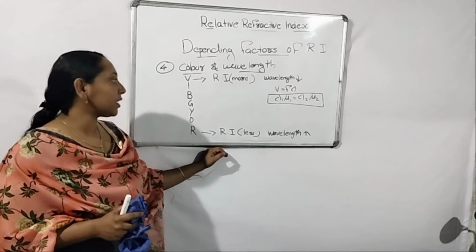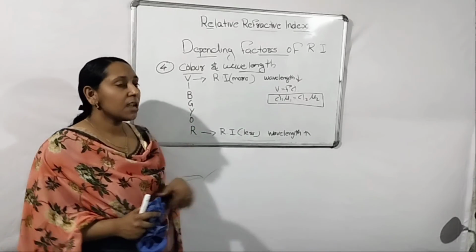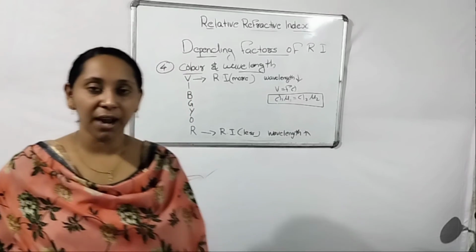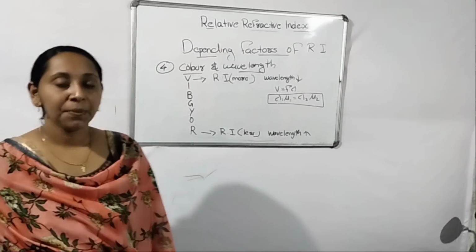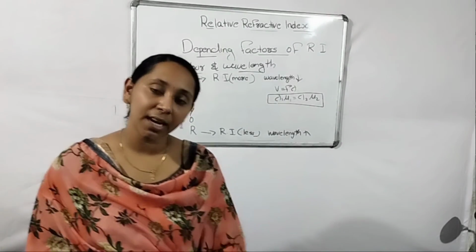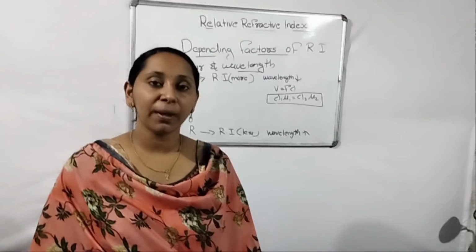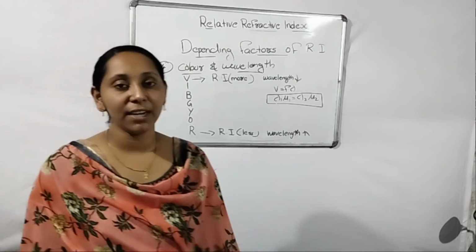So this is the relation between wavelength and refractive index. In the case of color, normally yellow is used for the representation of refractive index, whose wavelength is 589 nanometer. Other depending factors: nature of the material, nature of the medium, and density. So the refractive index topic is completed. Then in the light chapter, the next topic is in the next video. Okay, thank you.